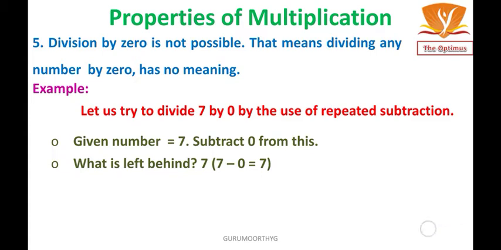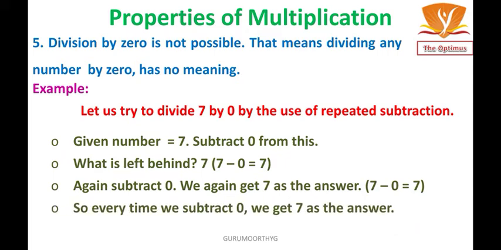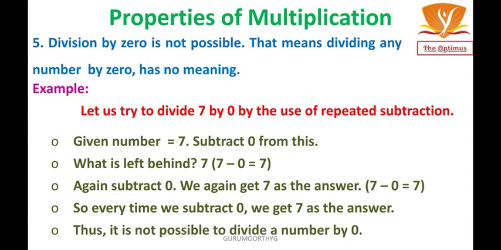Again subtract 0. We again get 7 as the answer. Isn't it? So every time we subtract 0, we get 7 as the answer. Thus, it is not possible to divide a number by 0.